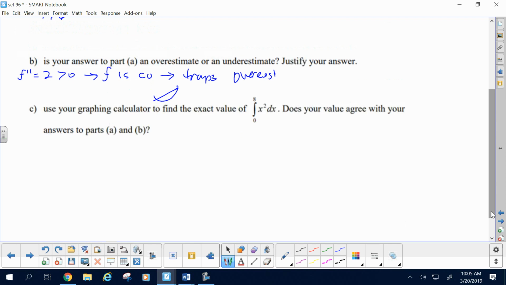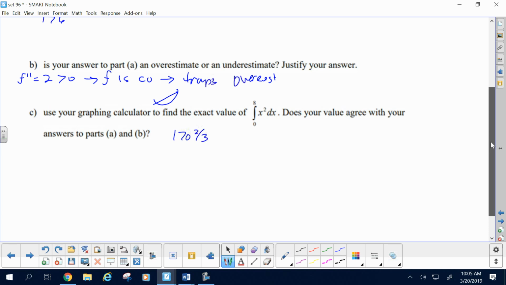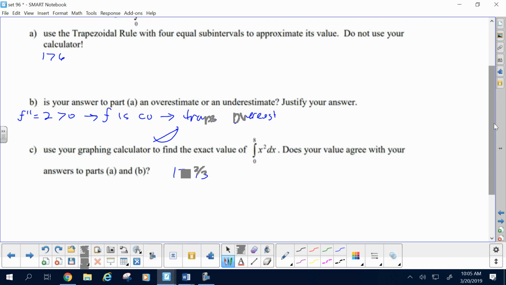And then the exact value is 170 2/3. That confirms what I would think, which is to say 176 is greater than the true value, and so an overestimate is confirmed, right? You with me? Yes. Okay.